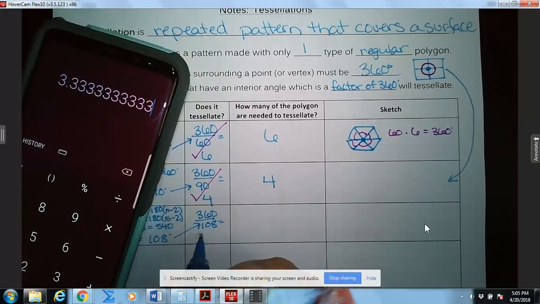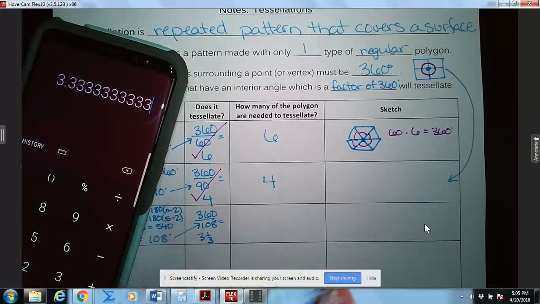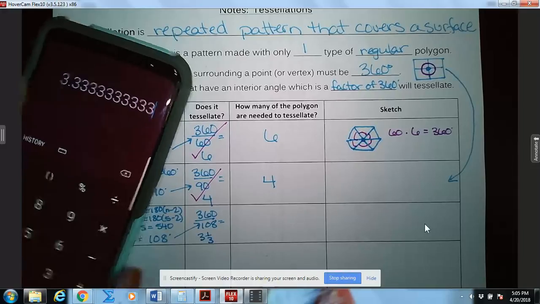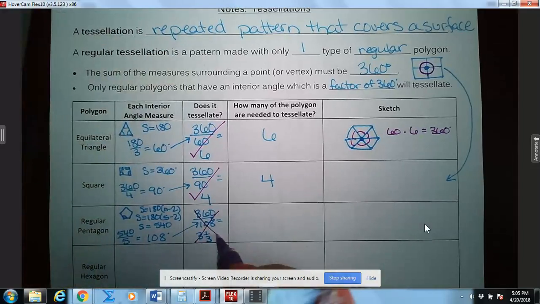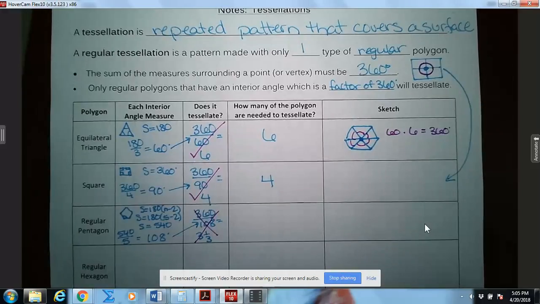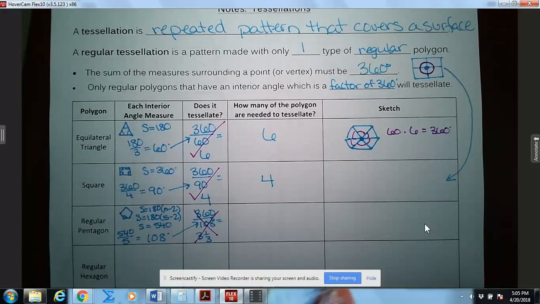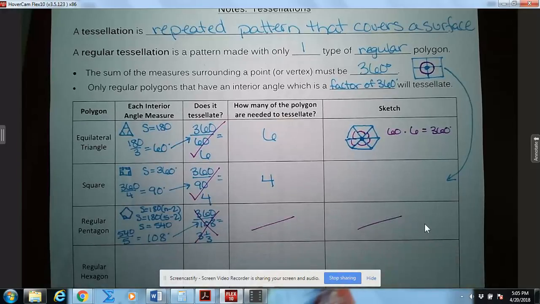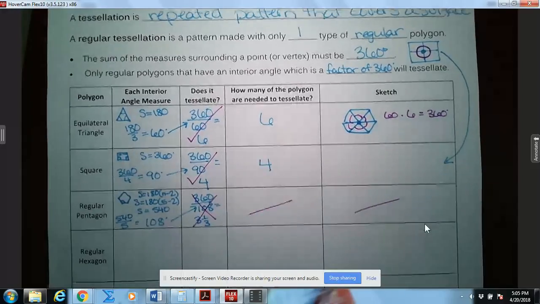So 3 1/3? That doesn't make any sense. You could not have 1/3 of a pentagon and it still be a regular tessellation. So this shape does not tessellate.